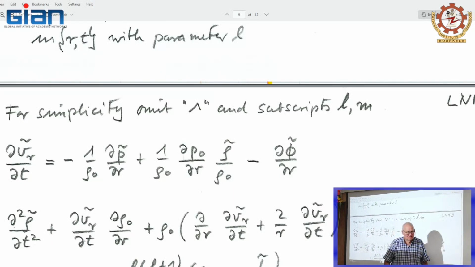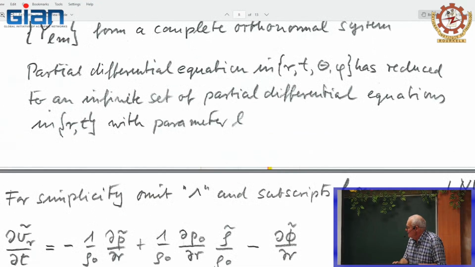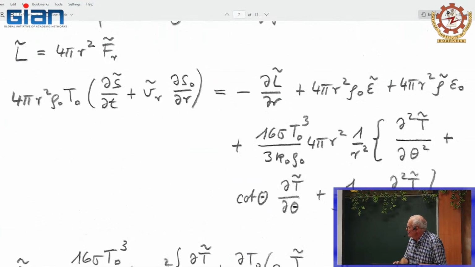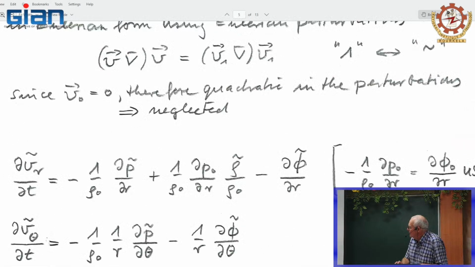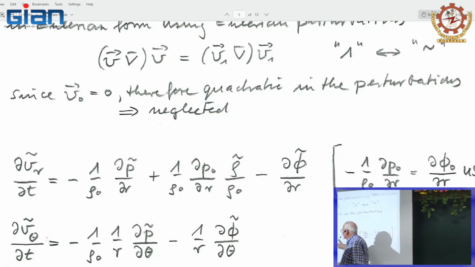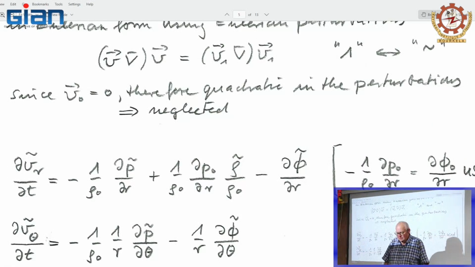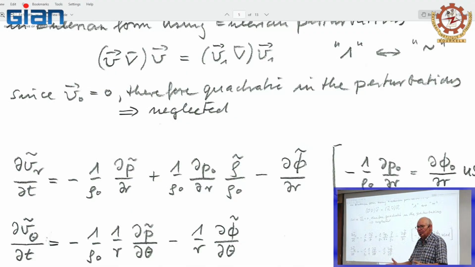If we compare it to the original version, not much has to be done. This is the original version. We take each of these quantities, each of the dependent variables, and expand them in terms of spherical harmonics.